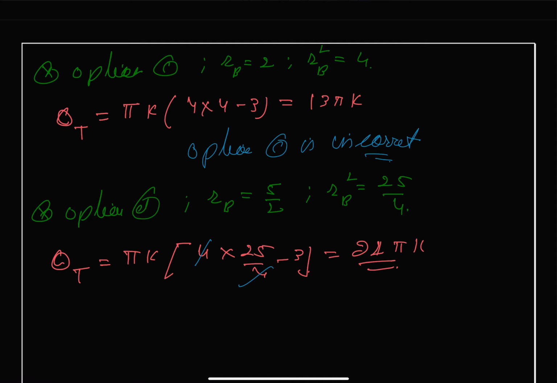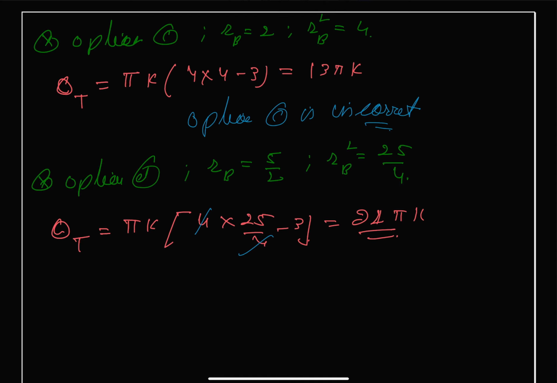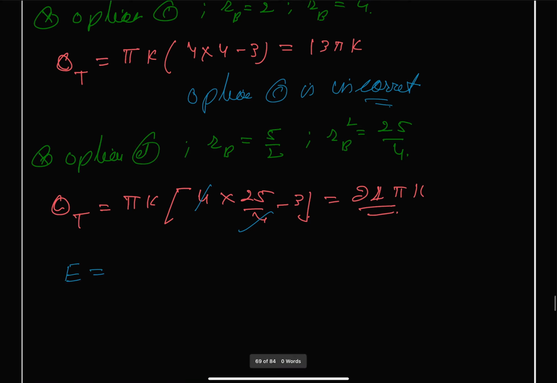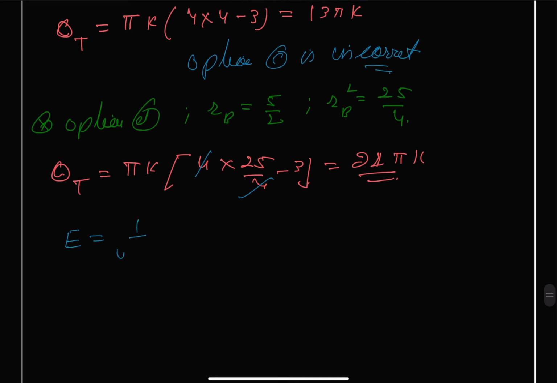Our electric field E will be equal to 1 upon 4 pi epsilon naught times total charge upon r square, which is nothing but RB square.